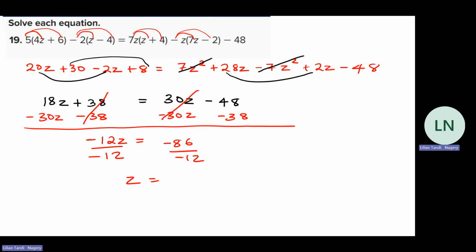My answer is, so let's simplify. I get 43/6.